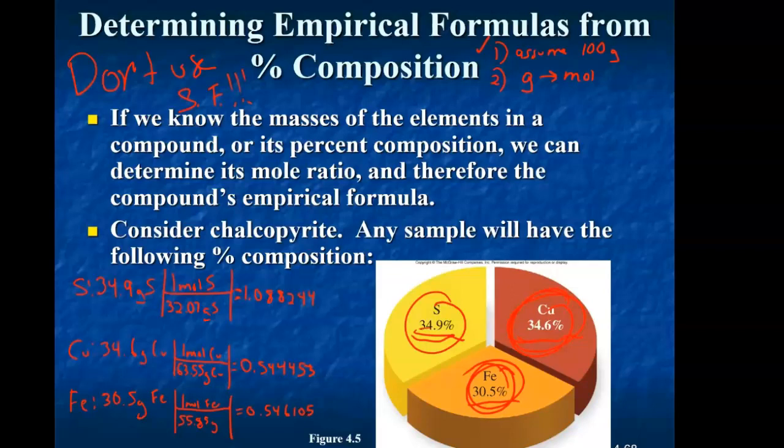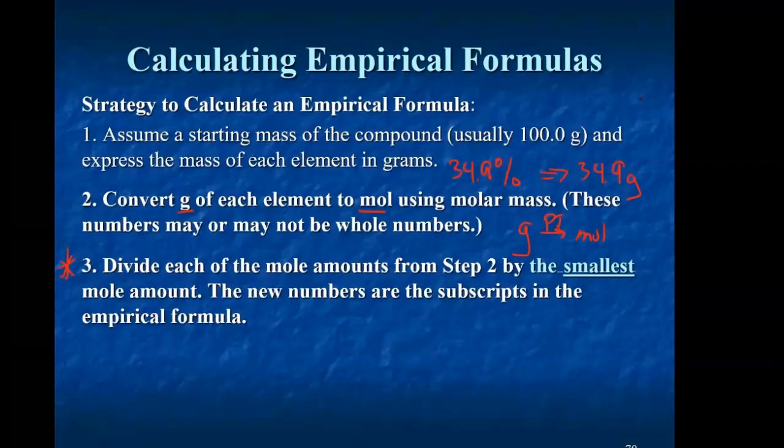Okay, here's step 3, and this is the one I want to show you. Step 3, divide by the smallest number. So I'm going to go back up here. We divide each of the mole amounts from step 2 by the smallest mole amount. The new numbers are our subscripts.